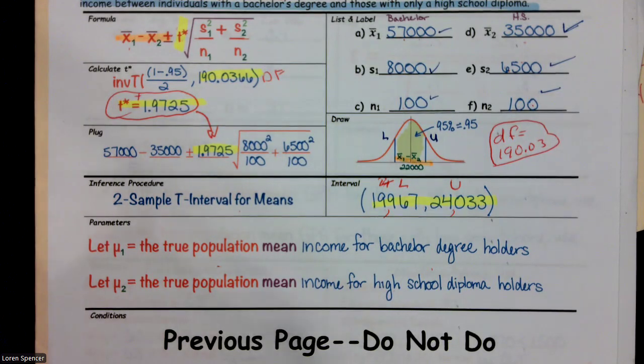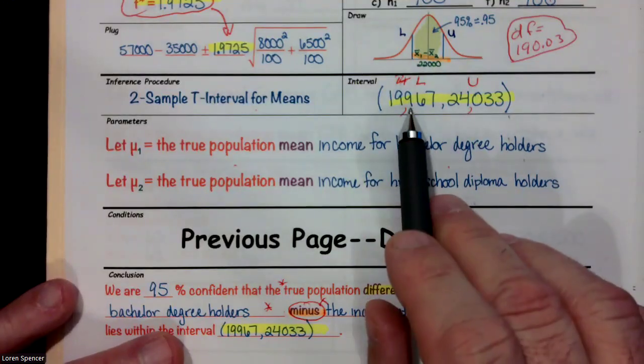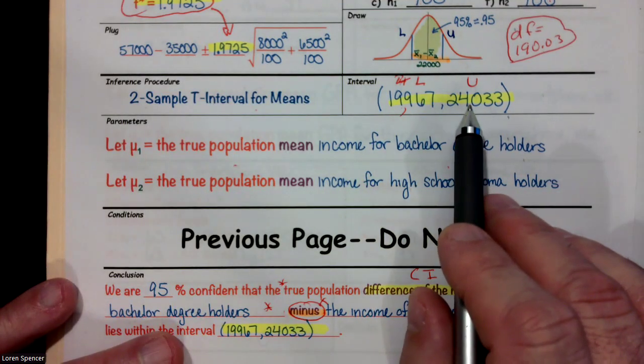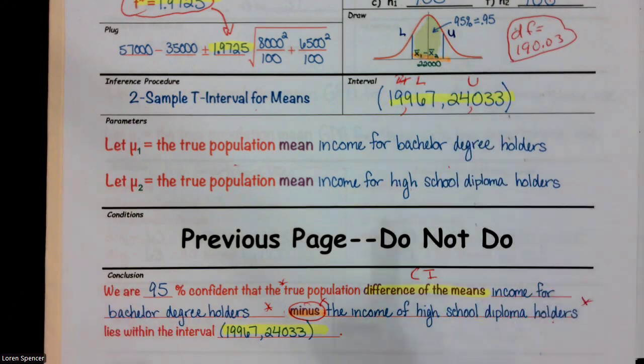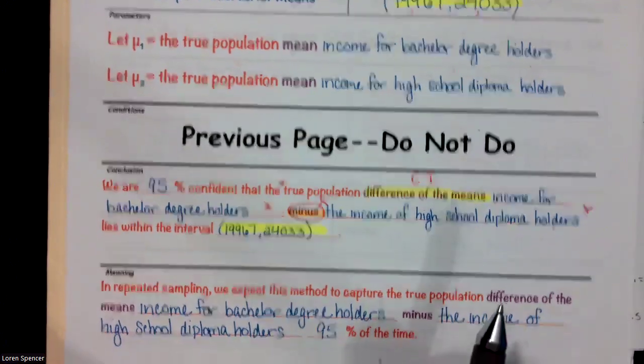So our best single estimate is 22,000, but it could be as low as 20,000 or as high as 24,000. In repeated sampling, we expect this method to capture the true population.